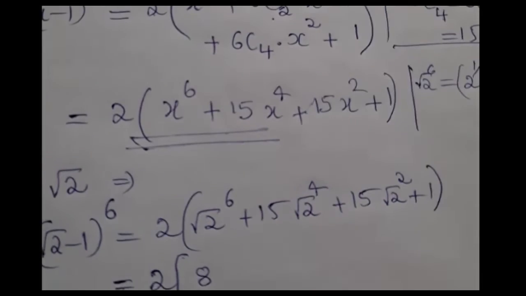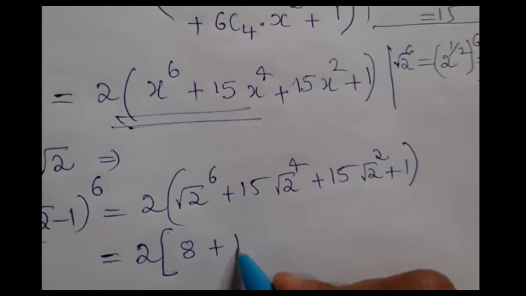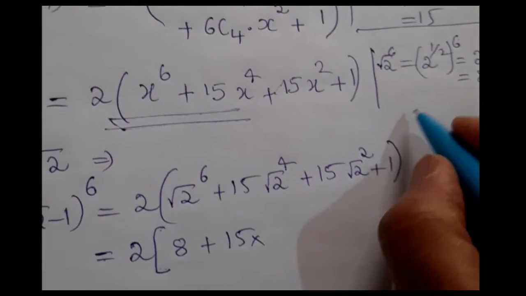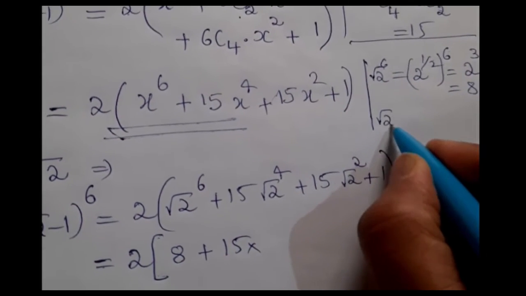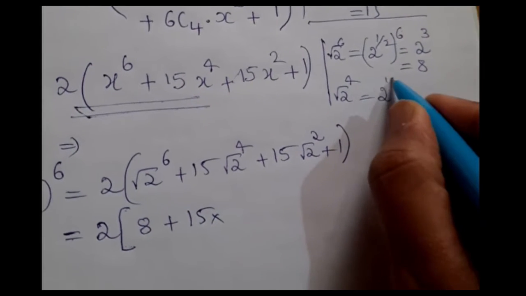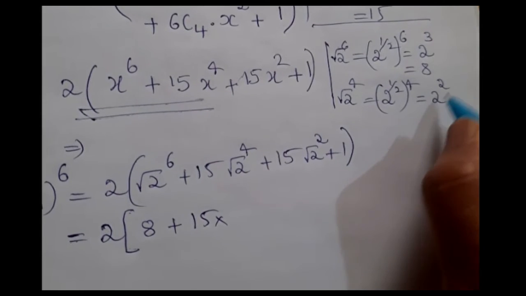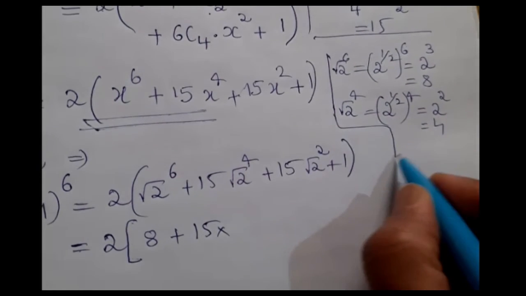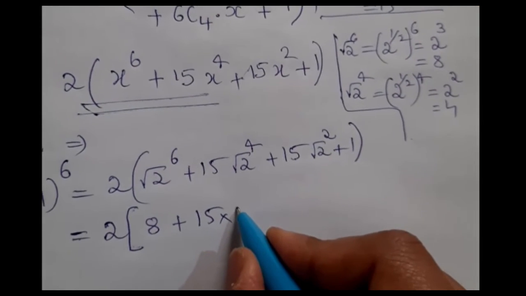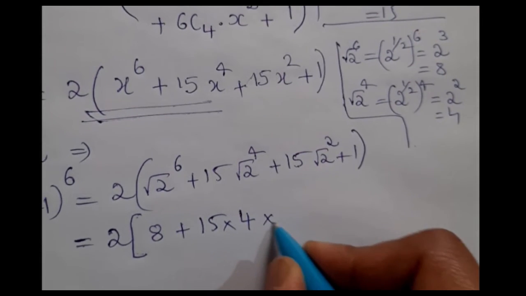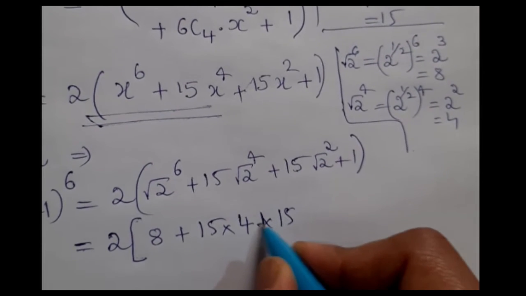So root 2 power 6 is nothing but 8 plus 15 into root 2 power 4. Similarly, root 2 power 4 is also 2 power half whole power 4. Half of 4 will be 2. 2 squared becomes 4. So this is 15 into 4, root 2 squared. What is root 2 squared?